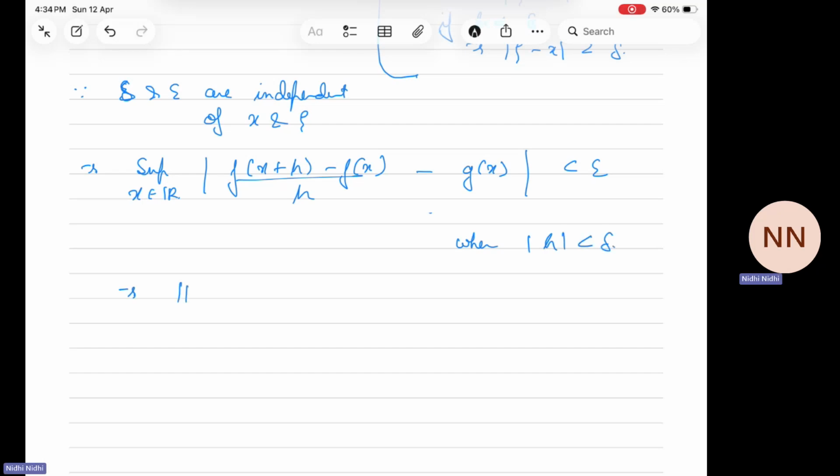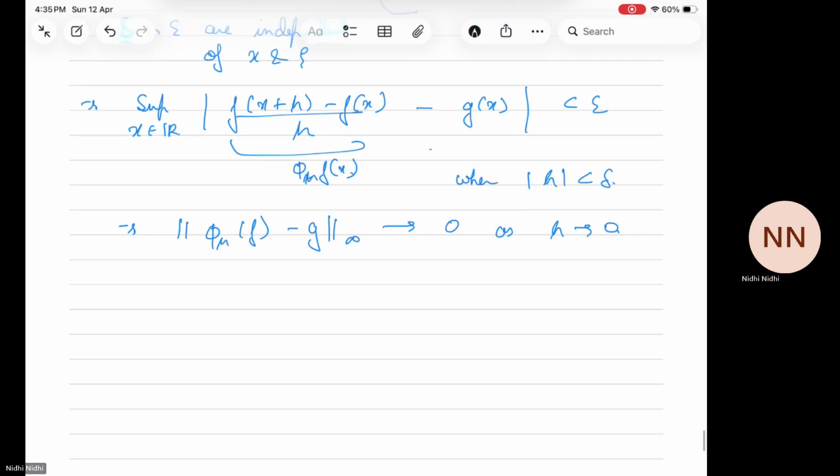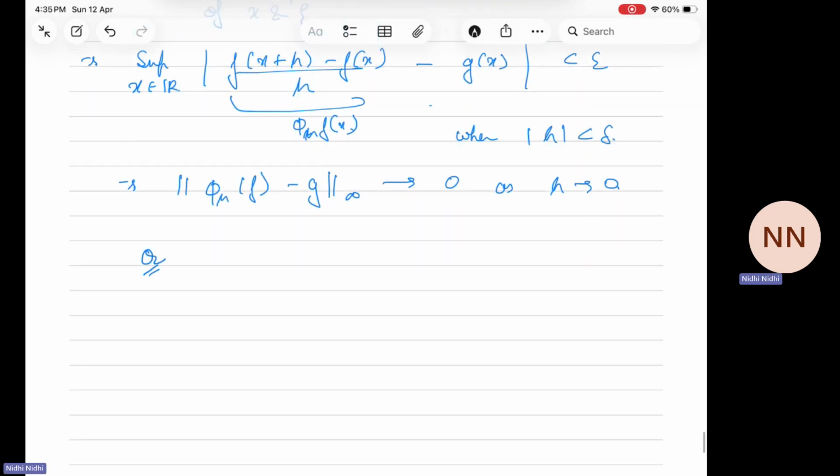Because this is phi h f at x, the sup norm of phi h f minus g goes to 0 as h goes to 0. Or we can say that phi h f goes to g in V as h goes to 0, which implies that f belongs to W.